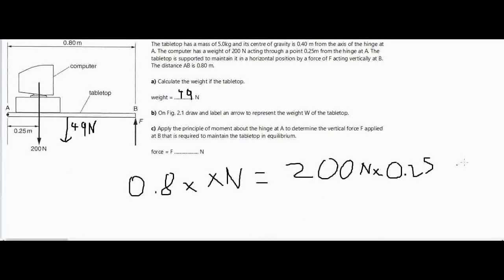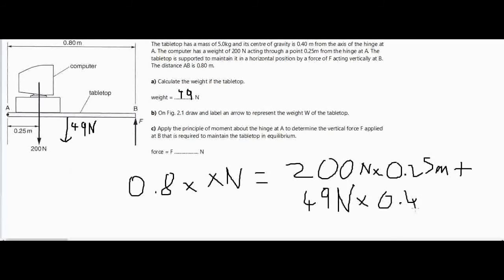That's where we're getting these distance values from. And then of course we're adding that to the 49 newtons, that's the weight of the desk, multiplied by 0.4 meters away from the axis at the hinge.